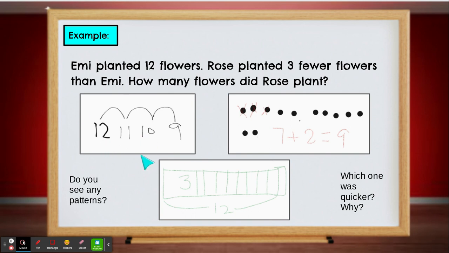And the way the student might explain that will be, well, because if there were 12 flowers and only 3 were the difference, it only takes me 3 hops to get to the answer, rather than starting from the small number and taking 9 hops to get to the answer. So then this one will be the quicker strategy for this math problem.